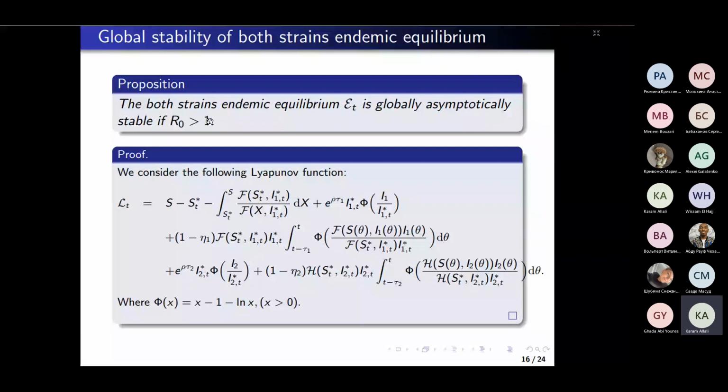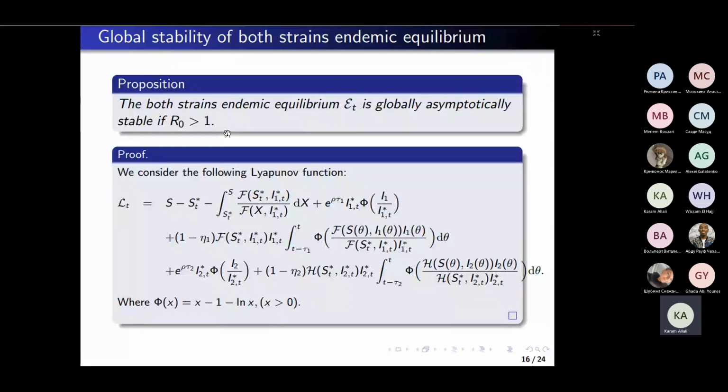I want just to mention one thing. Here, in the deterministic models, this makes the endemic equilibrium stable. But for some stochastic models, it doesn't hold. In the stochastic models, we need R0 to be more than slightly increased above 1. So for the stochastic models, we need to calculate another stochastic reproduction number.